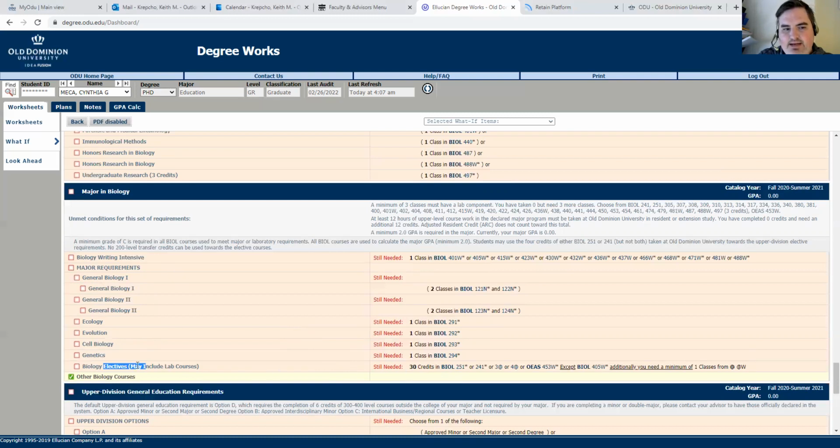These biology electives could also be satisfied by a biology internship that you would create with the career development services office and our career development services liaison that works with our college.